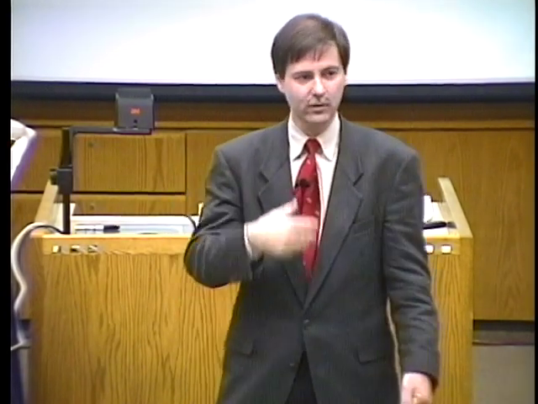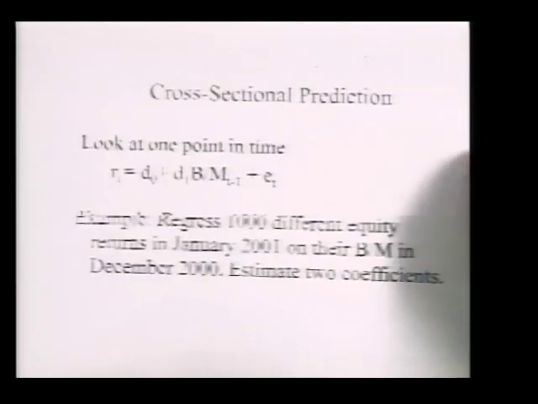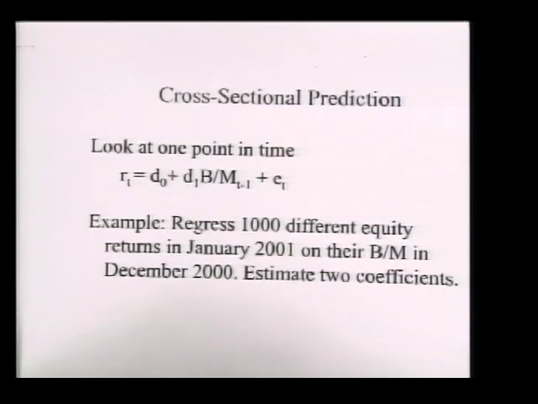Okay, so just let me go through the process again, and then I want to jump into this case. I'll call this a practitioner-like model, because there's lots of models out there that I know of that look like this.